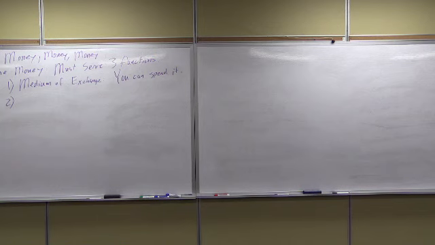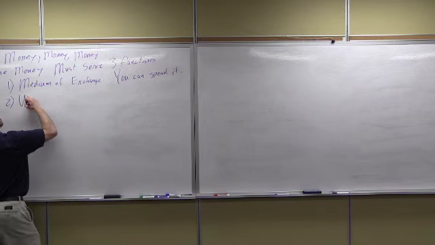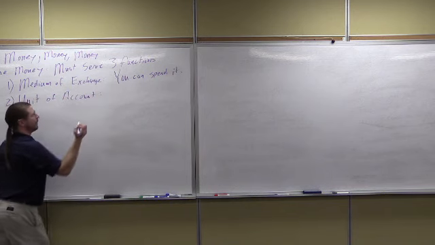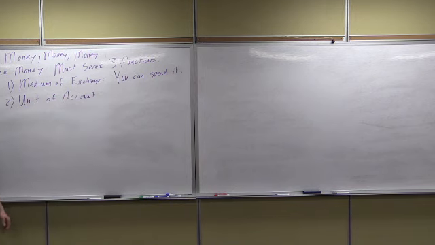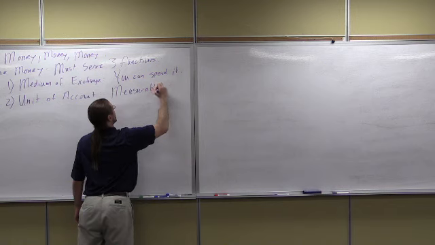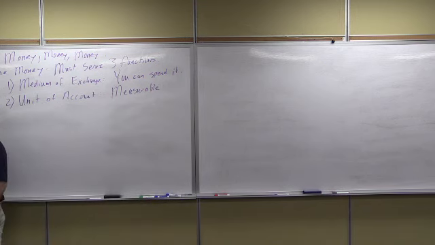So the other thing that money has to do is it must be a unit of account. And what a unit of account means is that it's got a number on it. Or officially, it's measurable, right?